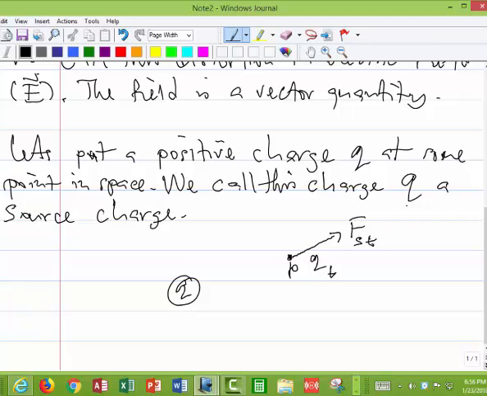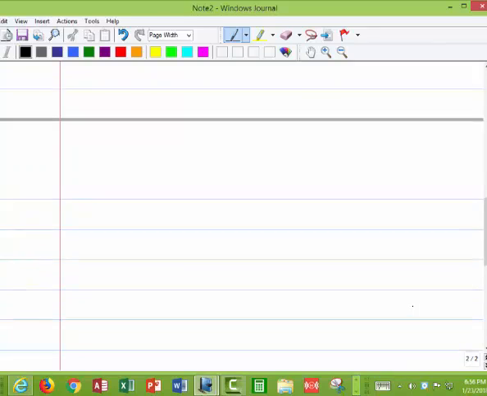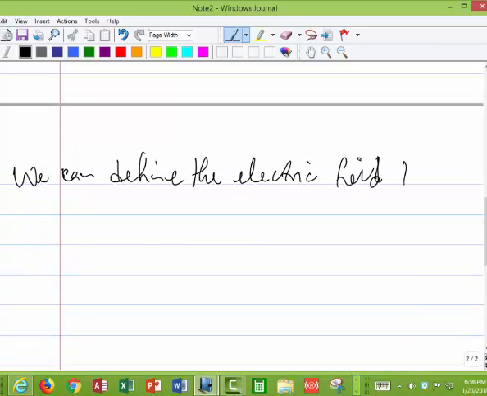Okay, so this allows us to define the electric field. We define the electric field E at the point P as follows. The source produces a certain field around it which interacts with the test charge, exerting a force on the test charge.